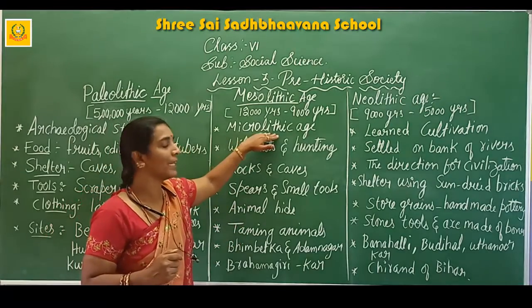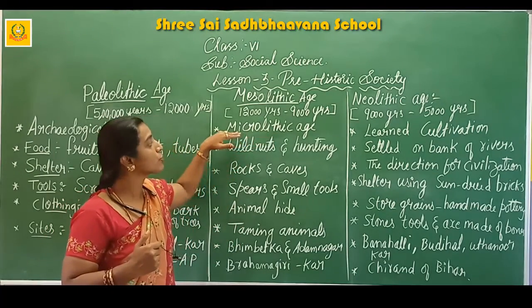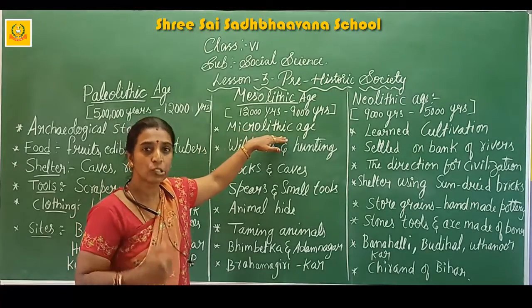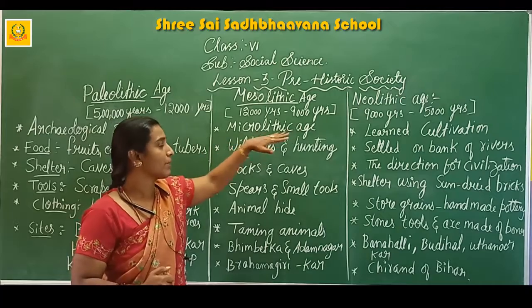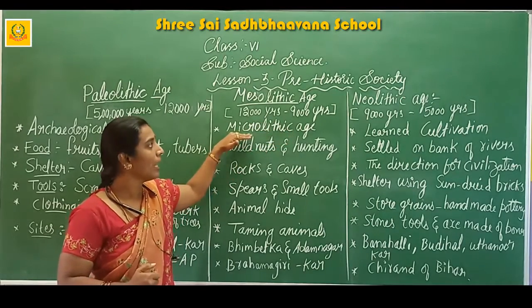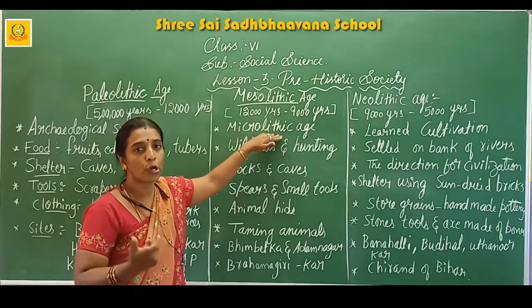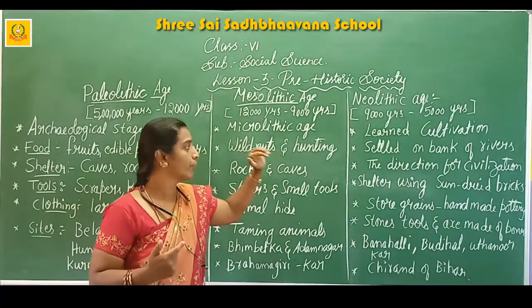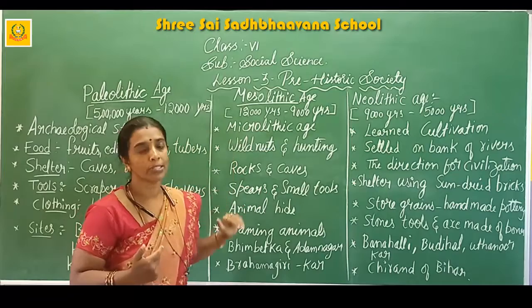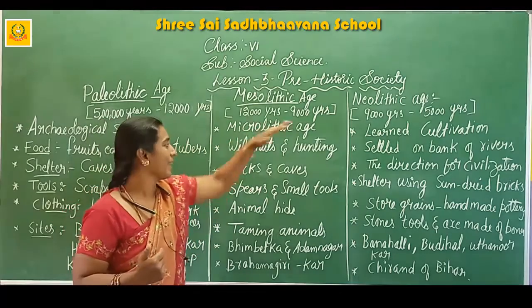Lith means rock, so they used small rocks as tools. So this age is also called the Microlithic Age. Micro means small, lithic means rock, so small rock. They used small rocks as the tools. To make the tools, they used very small rocks, so it is called the Microlithic Age.